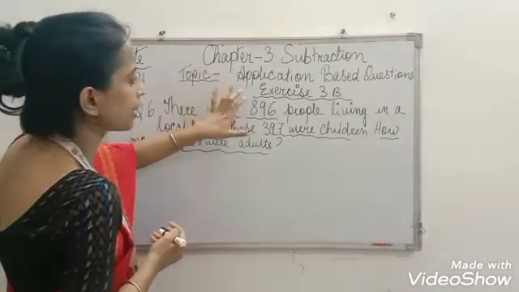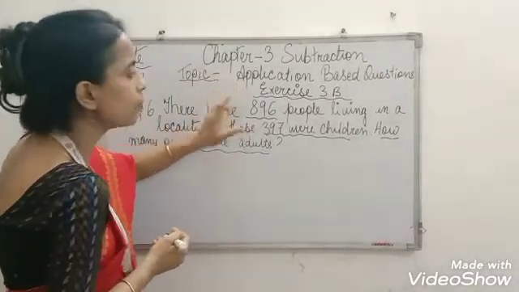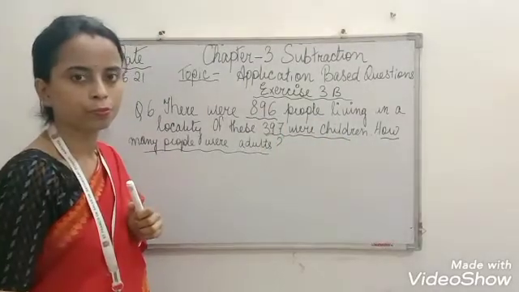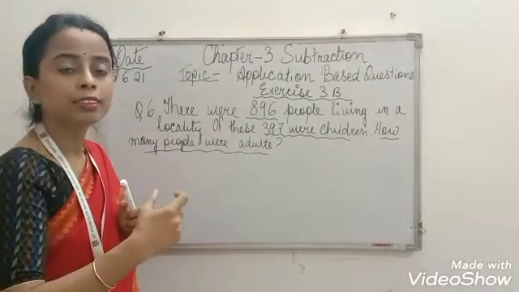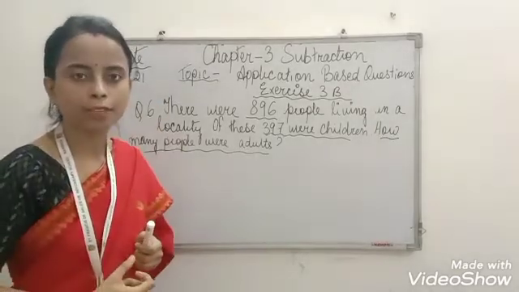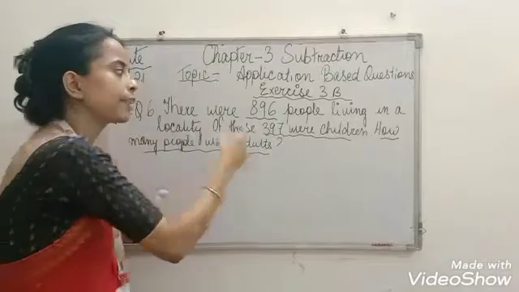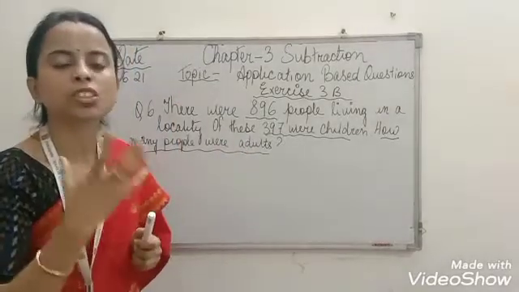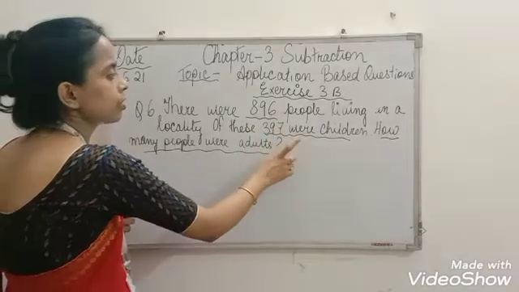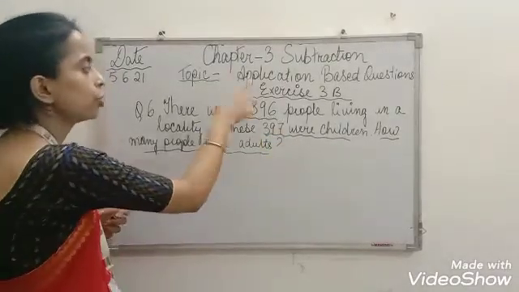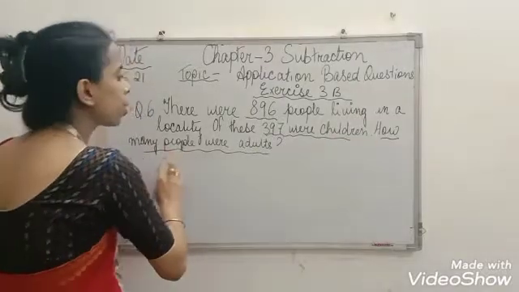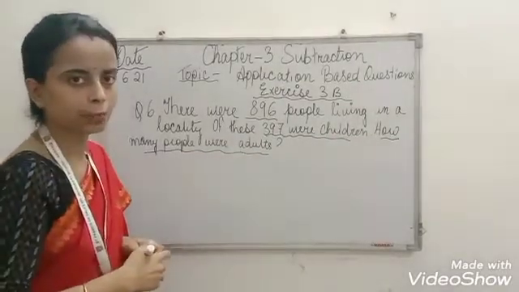So if 397 of the 896 total people were children, then the rest were adults. So how to find that? To get the answer, we need to subtract. We will subtract the number of children from the total number of people living in a locality. Then we will get how many people were adults.